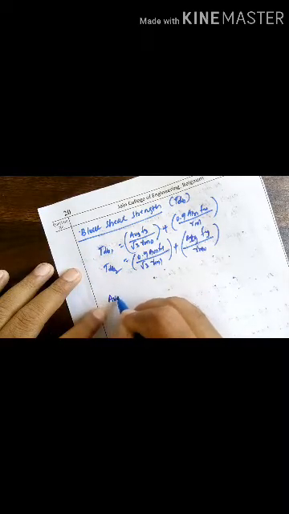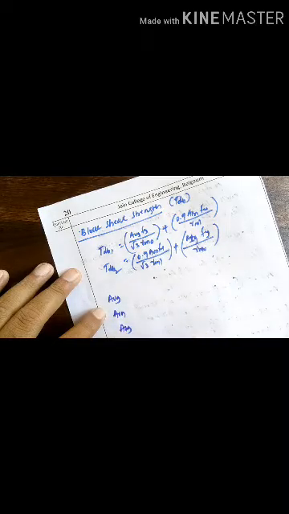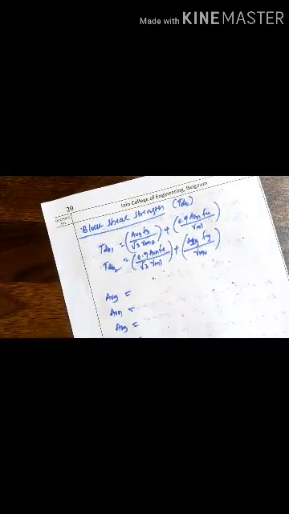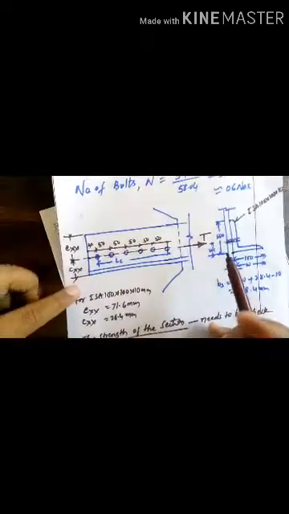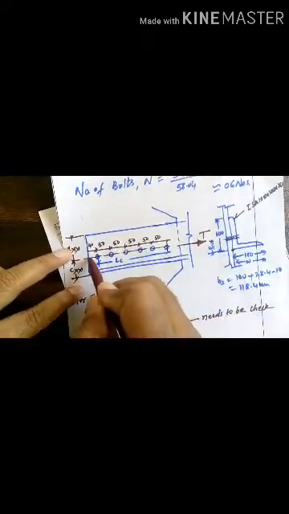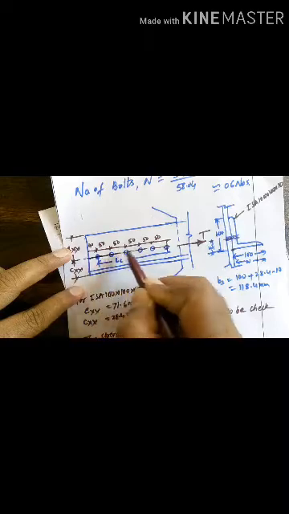So here we need to calculate AVZ, AVN, ATZ, ATN. AVZ means the shear area. Shear will be parallel to the load.